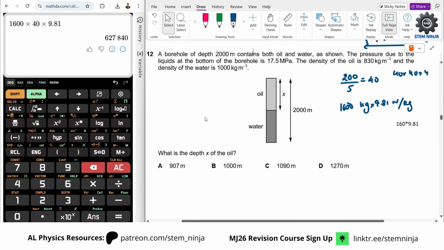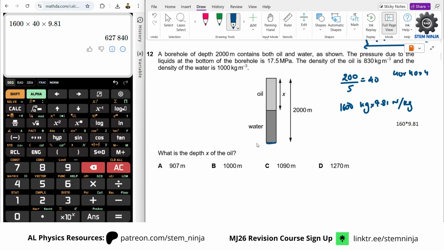A borehole of depth 2000 meters contains both oil and water as shown. The pressure due to the liquids at the bottom of the borehole is 17.5 megapascals. The density of the oil is this, and the density of the water is this. What is the depth x of oil?